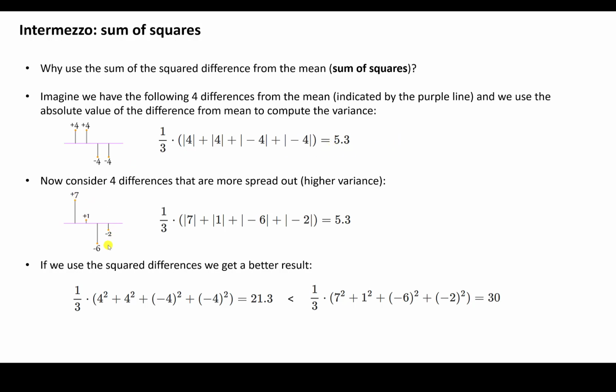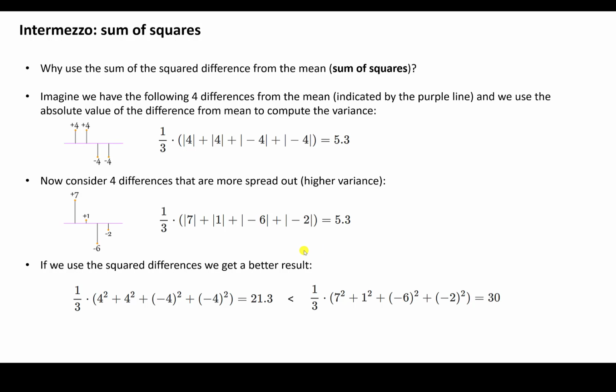Now consider this sample. Intuitively you could say there's much more spread here. The spread in this sample is higher than the spread here, and as I mentioned, the variance is a measure of the spread of the values of your random variable. But if we again don't take the square and just take the absolute value, so we have 7, 1, minus 6, minus 2, and we divide by 3, we would get an equal value of 5.3. So the variance of this data set would be the same as the variance of the other, while intuitively we can see that there is more spread in this sample.